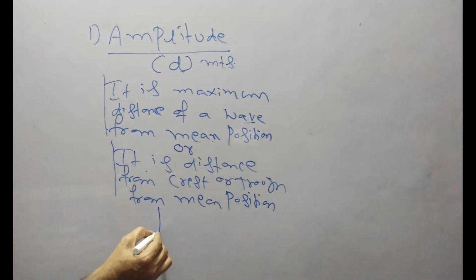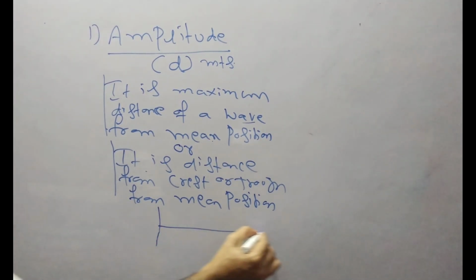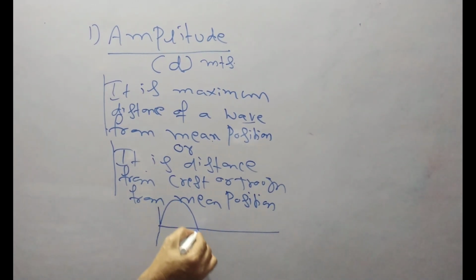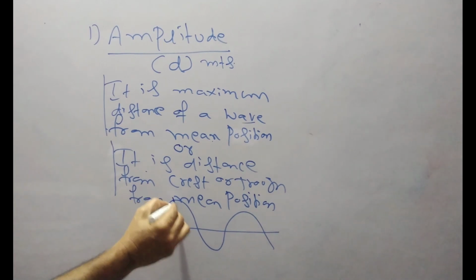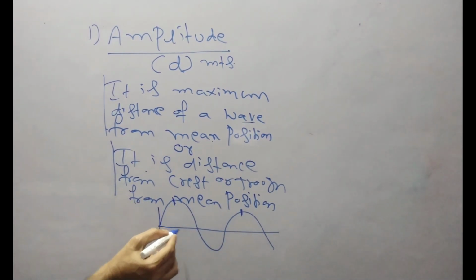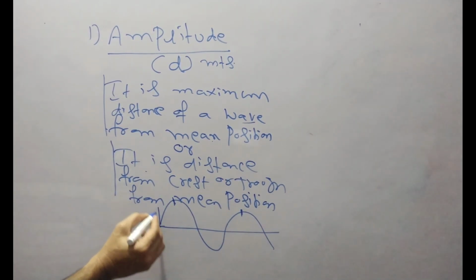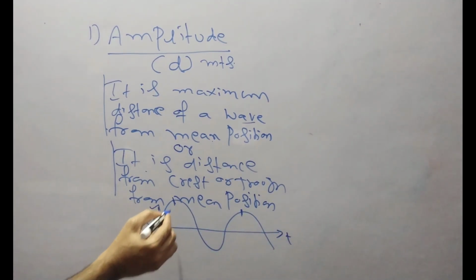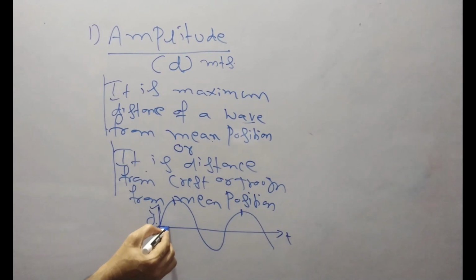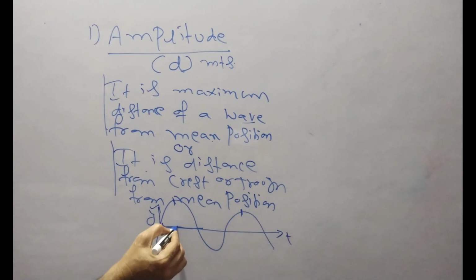Now, suppose you take this wave like this. This is the form of the wave. So this point is known as crest, and these two points are the maximum distance from the mean position. This is the displacement y, this is the time axis t. So this is known as mean position. In the mean position, the particles will not vibrate, they are at rest.